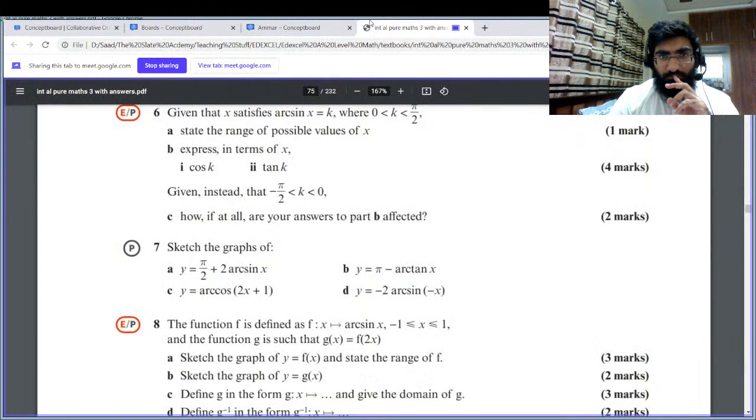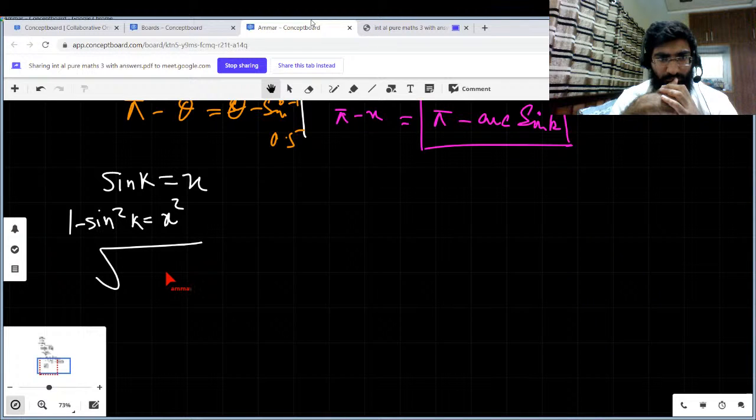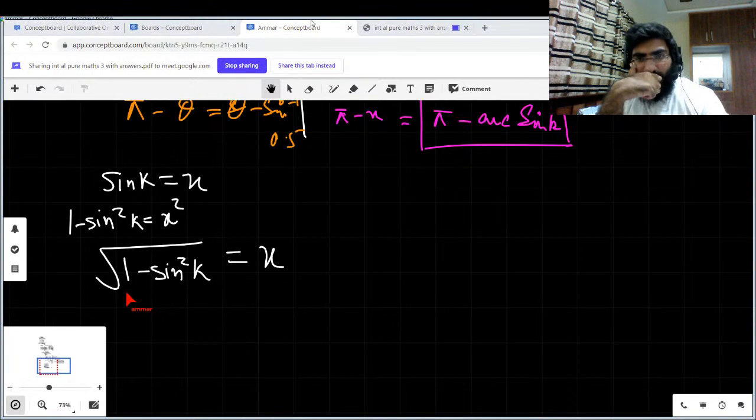Can you give me a hint? Sine k is equal to x. Okay. If we take the square of both sides, wouldn't it be 1 minus cos squared k?